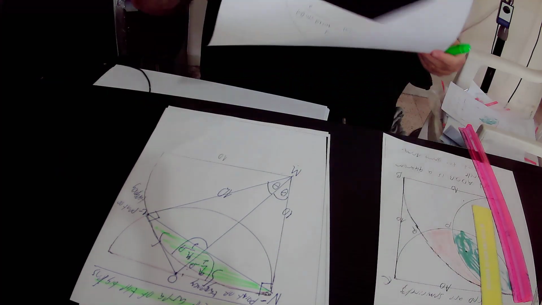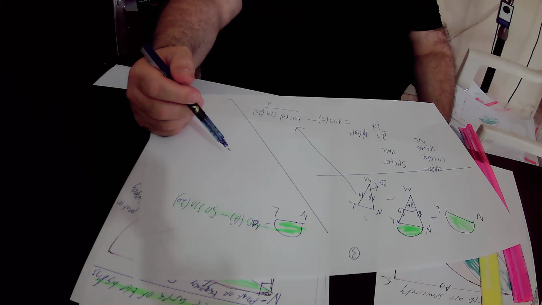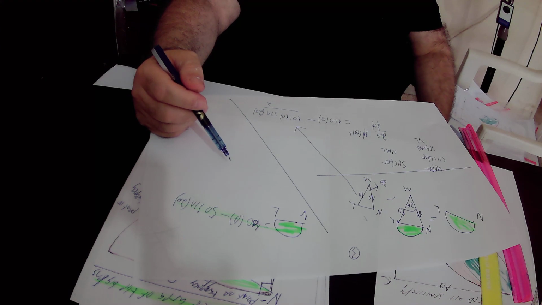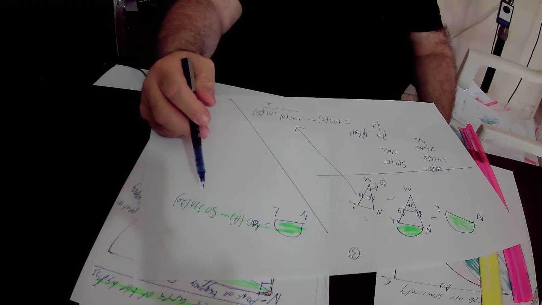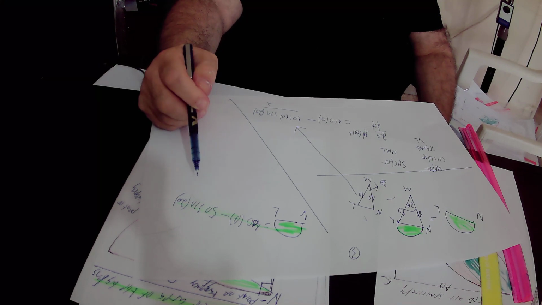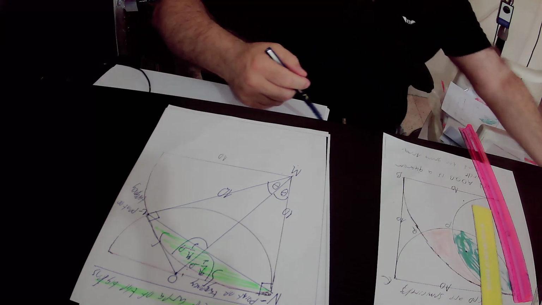In the next step, we will find out the value of theta and the value of sine 2 theta, and we will substitute theta by the value that we will find, and we will substitute sine 2 theta by the value that we will find. So we start with this mission.